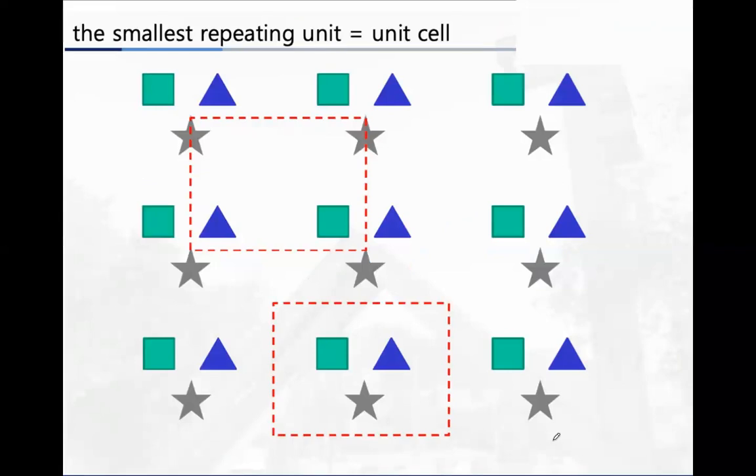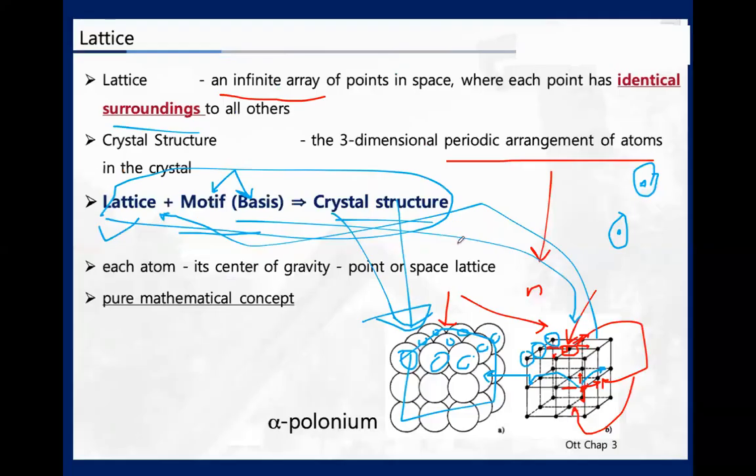Again, we will go back to the smallest repetitive unit, right? Because you can have several repetitive units in a crystal lattice.